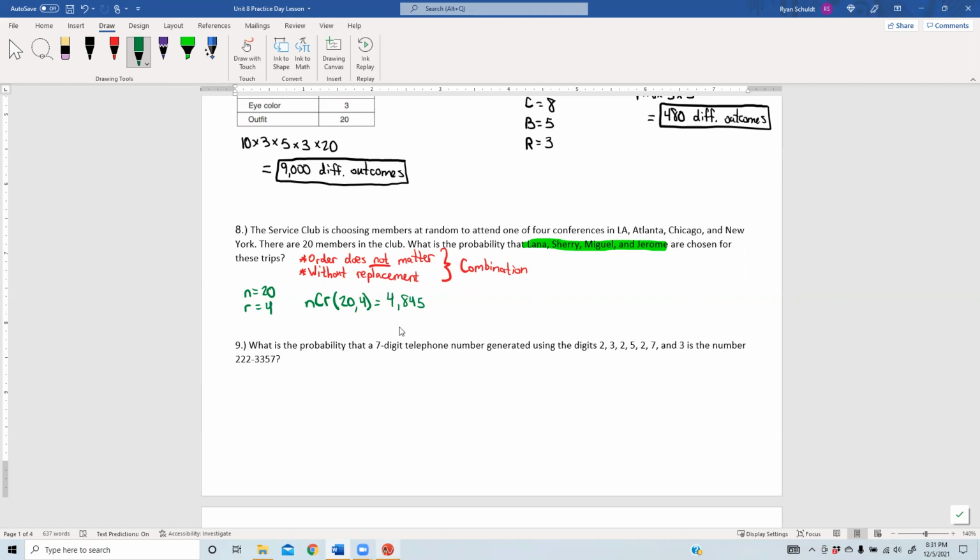Now it's asking what's the probability that Lena, Sherry, Miguel, and Jerome are chosen. This is one outcome. So the probability would be 1 out of 4,845. And then that would be your answer. Like, that's it.